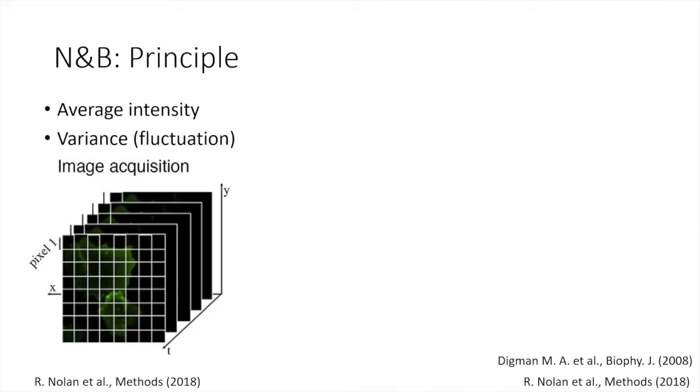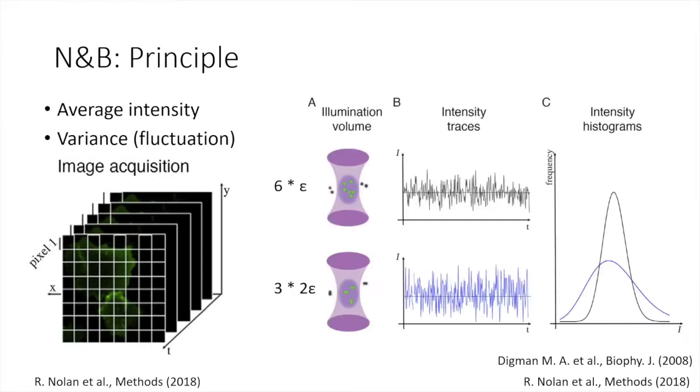For the number and brightness calculation, the two pieces of information you need are the average intensity of a single pixel at different times, and the fluctuation, which is the variance of this pixel. The idea is that if you have 6 monomers, the average is 6, and if you have 3 dimers, the average is still 6.